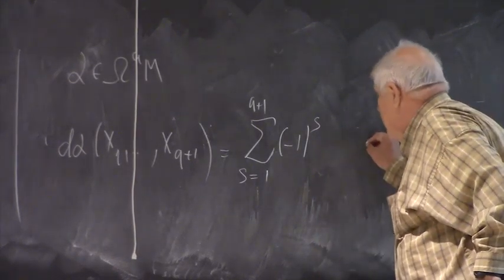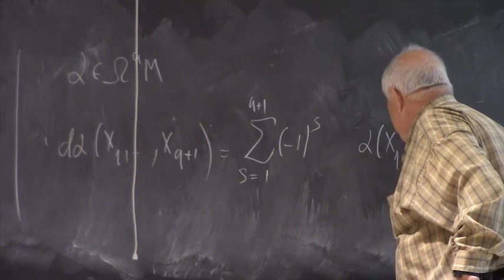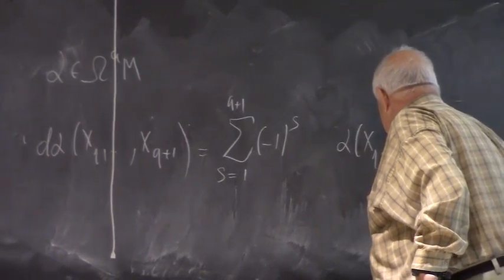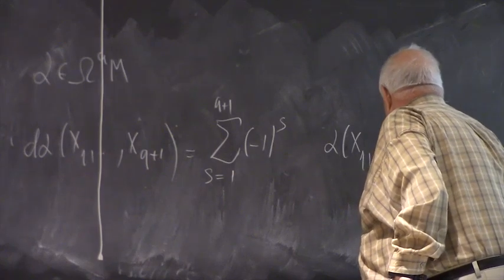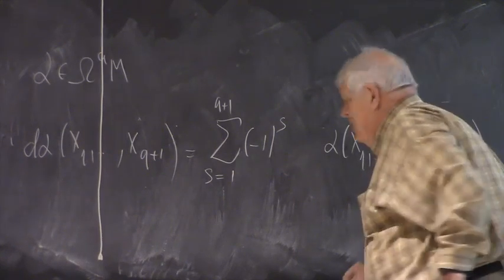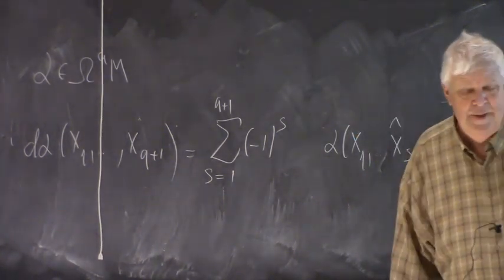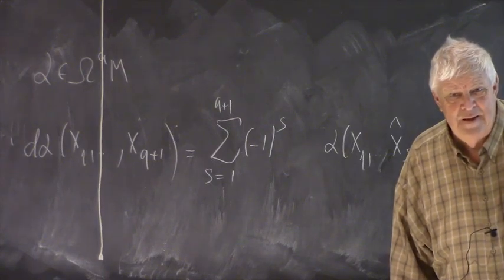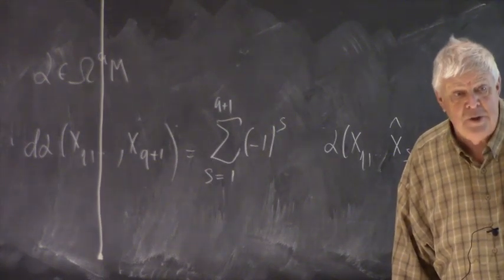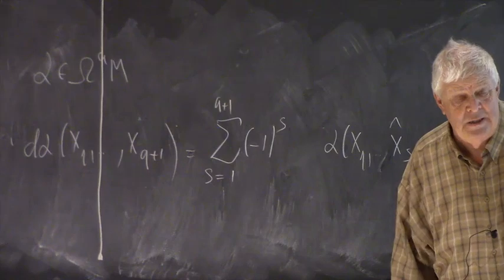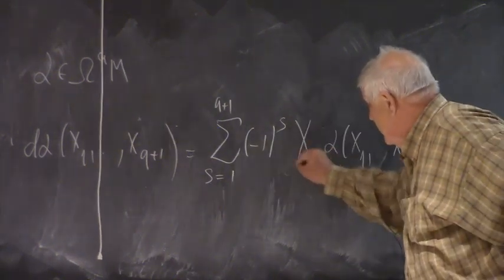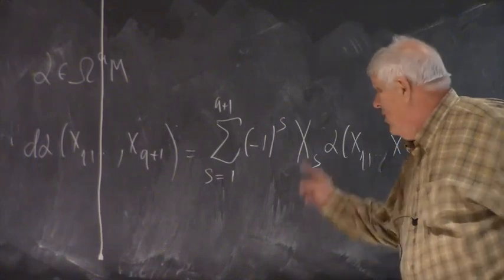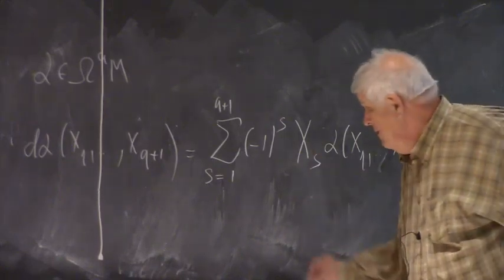I take alpha, I apply it to these q plus 1 vector fields with xs dropped, but it should be linear with vector xs also, so xs should be somewhere here, and this is about the right place for it. This is a function. We can apply xs to it.